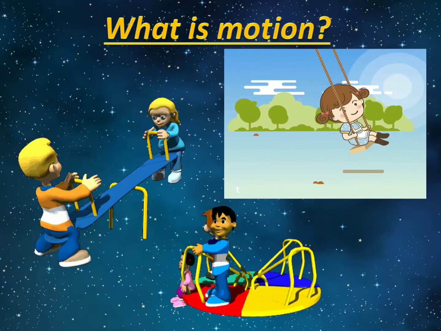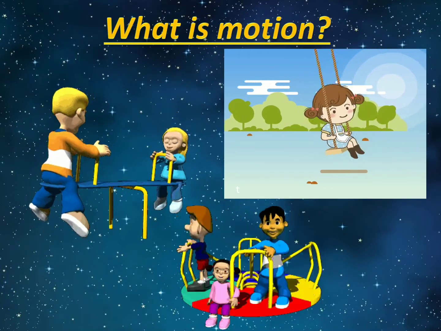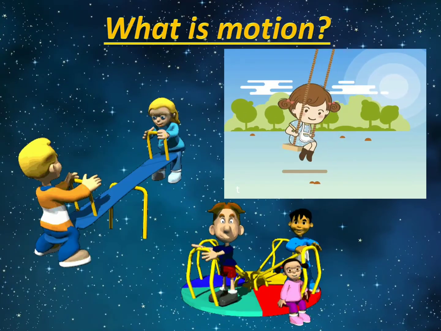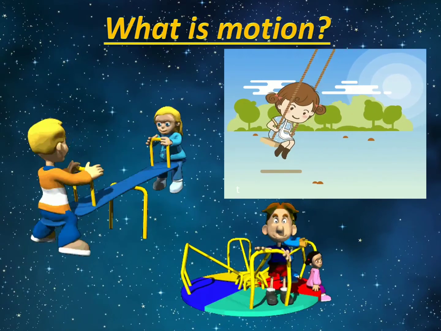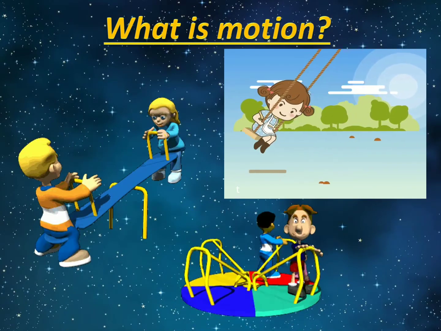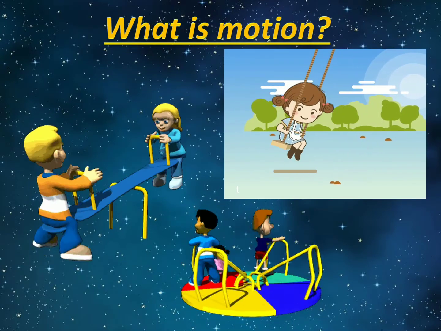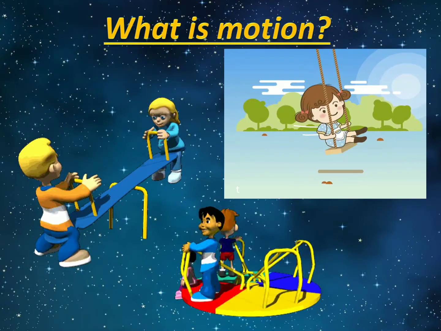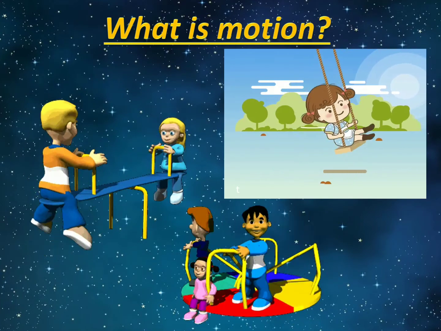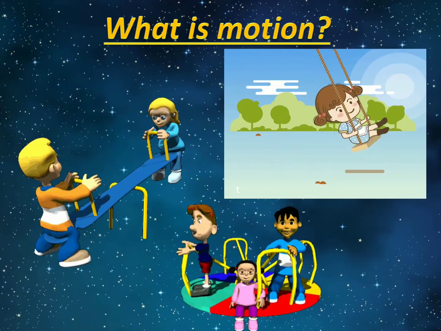Children, what does the word motion mean? Motion means movement or a way of moving. In this picture, you can see a seesaw, a swing, a merry-go-round. All of it has a movement.